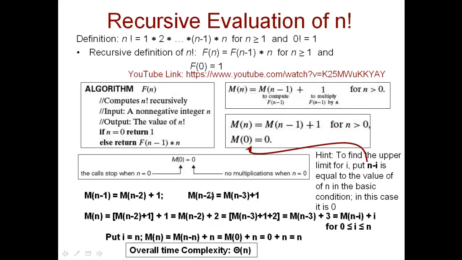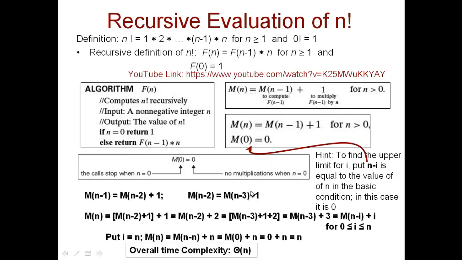Now again M of n minus 2 can be written according to this recurrence. Replace n with n minus 2, and we get M of n minus 3 plus 1. So again in M of n equals M of n minus 2 plus 2, for M of n minus 2 we can write M of n minus 3 plus 1, plus 2, and that's going to be M of n minus 3 plus 3.